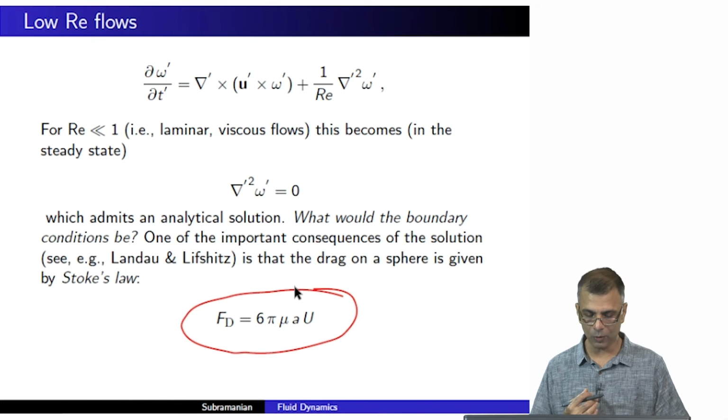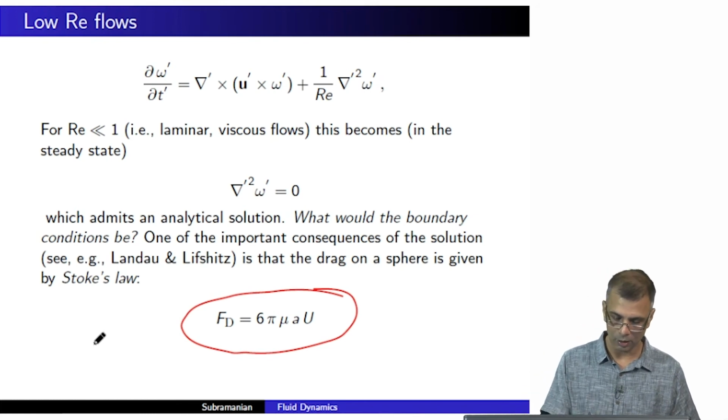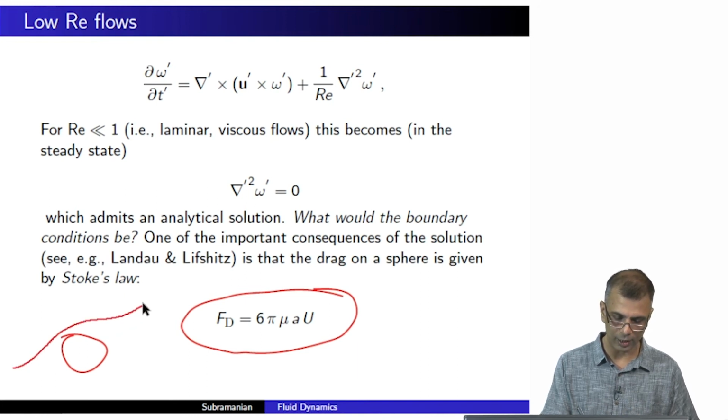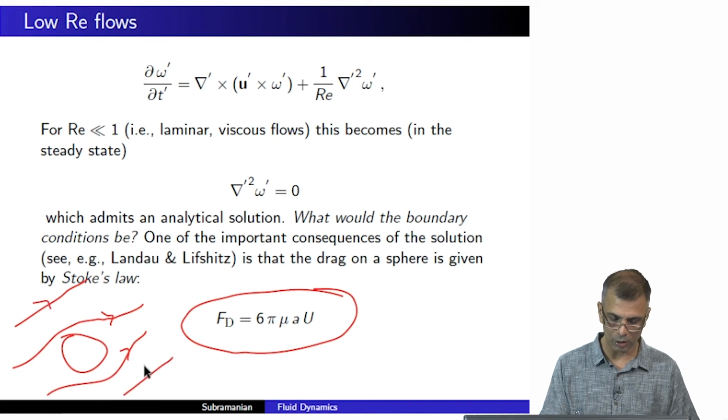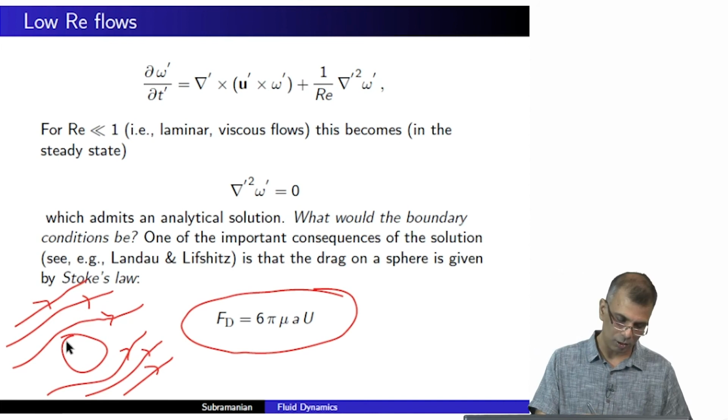Imagine a situation where you've got a sphere embedded in a flow. So the flow would look slightly disturbed around the sphere. Very far away from the sphere, the flow is undisturbed, with many other, relatively less disturbed streamlines like this, and so on and so forth. And this is the sphere. Not a very good drawing, but this is a solid sphere.